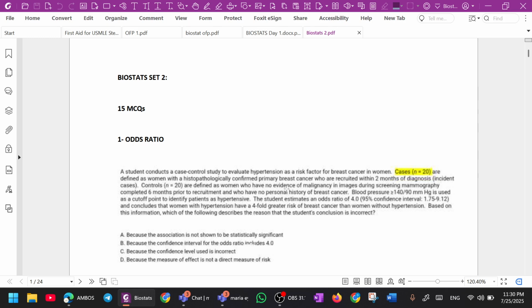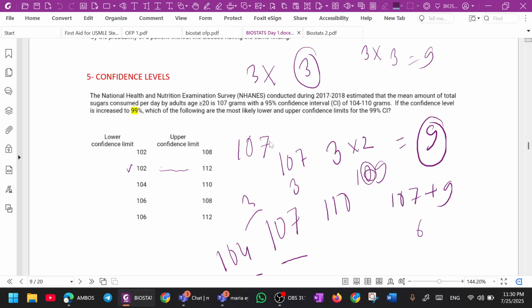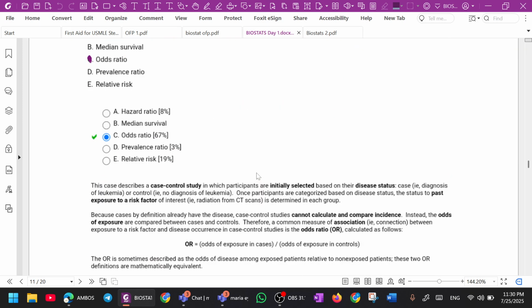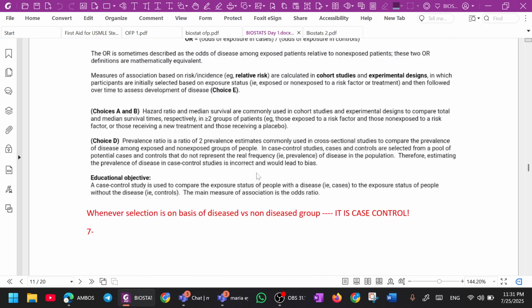The only thing left is this one, because the measure of effect is not a direct measure of risk. Look at what we are using here: odds ratio. Remember yesterday what we said? Odds ratio is for odds and risk ratio is for risk.